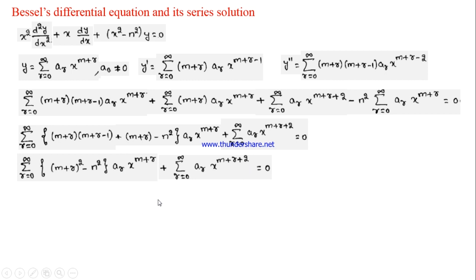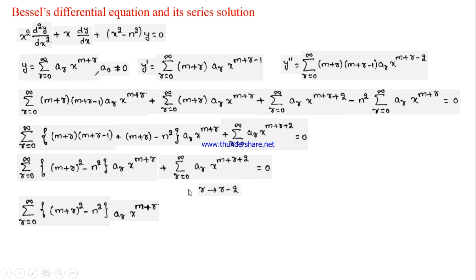But to group these two summations, we are expecting the power of x to be the same. For that, I will make a small change in the second summation. We will write the first summation as it is, and in the second summation I will replace r by r minus 2.